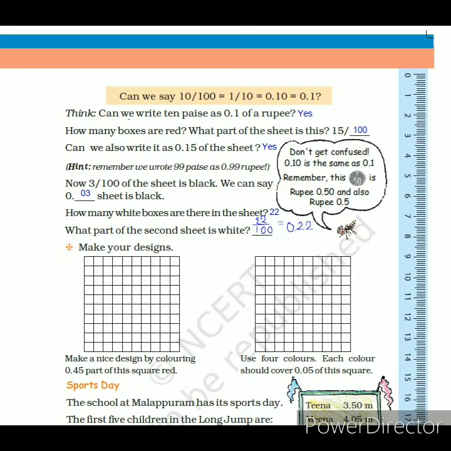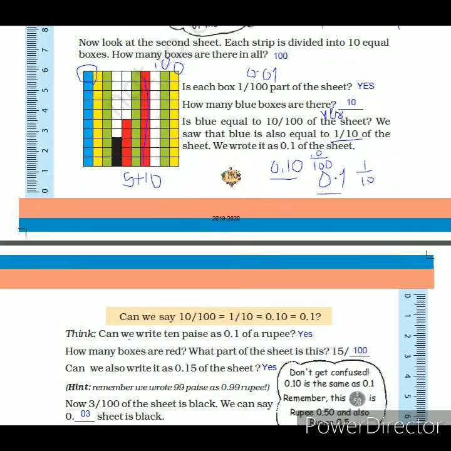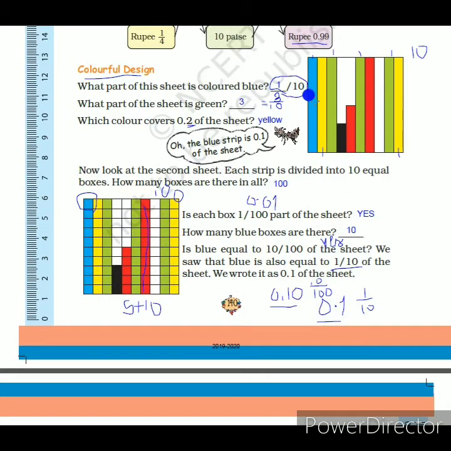The first question is, from this page can we say 10 by 100 equals 1 by 10 equals 0.10 equals 0.1? Can we say these fractions are equal or not? If we observe, the first box is divided into 10 equal parts, and each part is given a different color. So in the first box we can say 1 by 10 for each color.